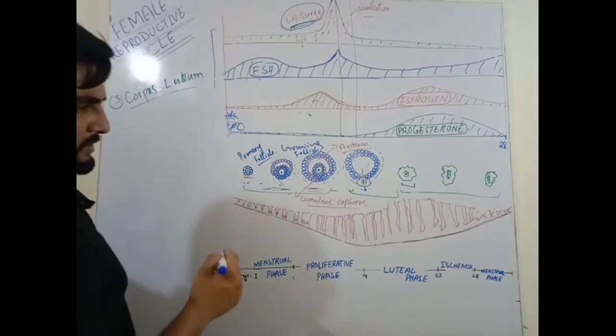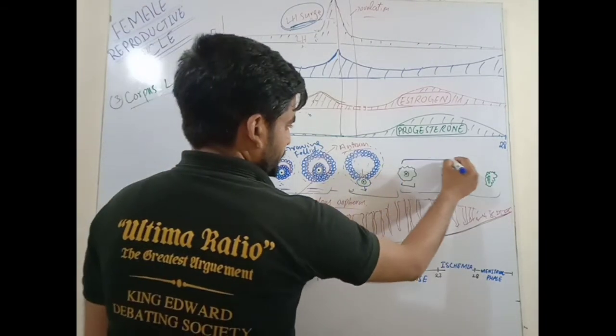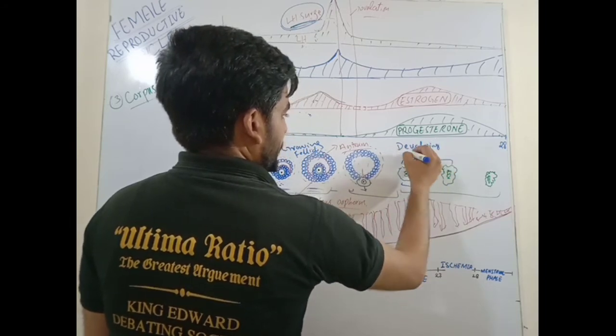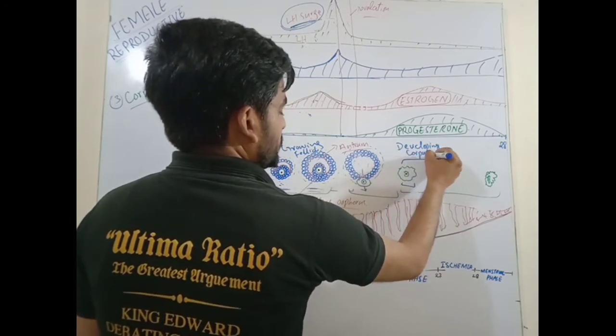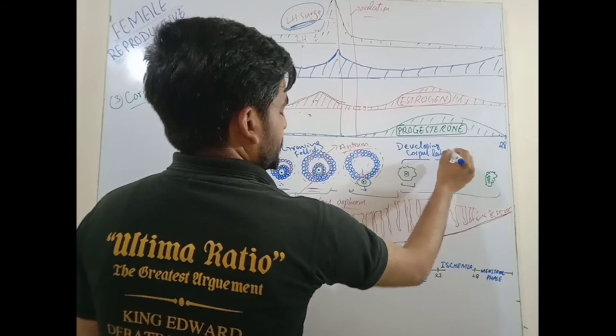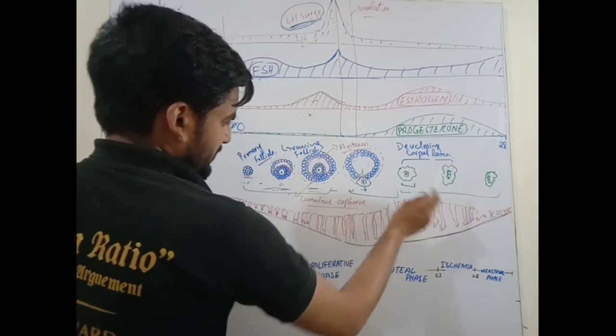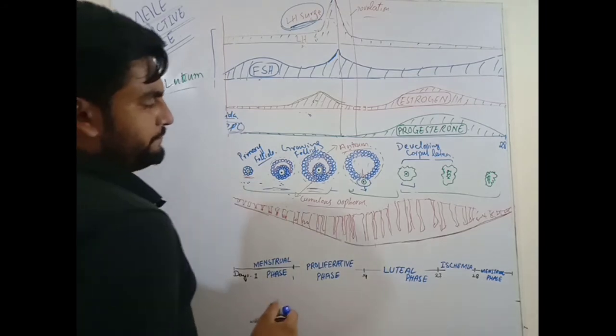This is called the corpus luteum, the developing corpus luteum. Lutea is the plural. These glandular structures secrete progesterone.